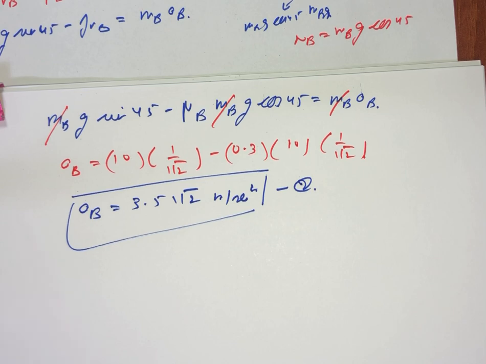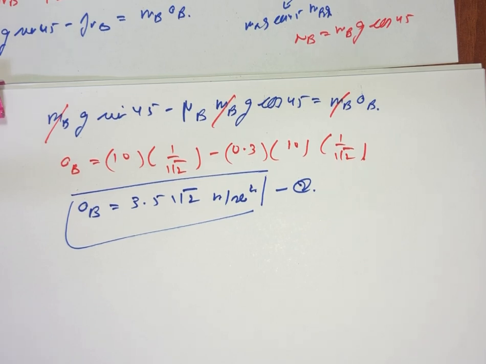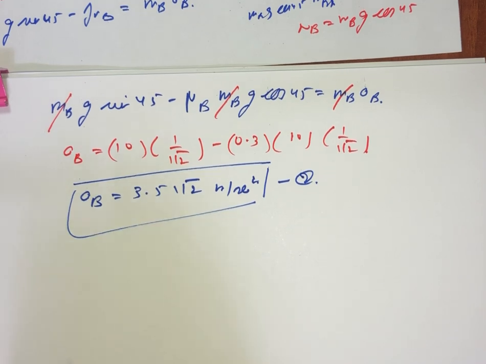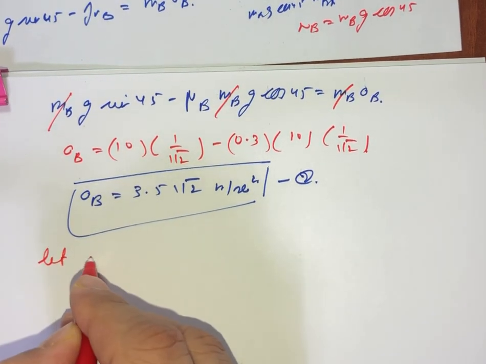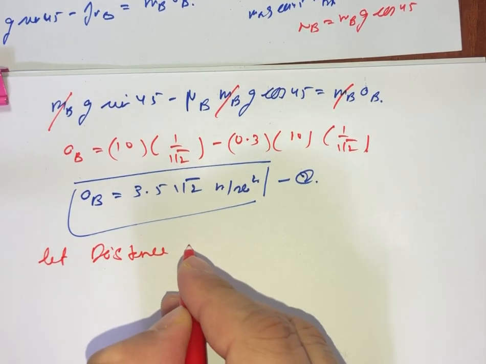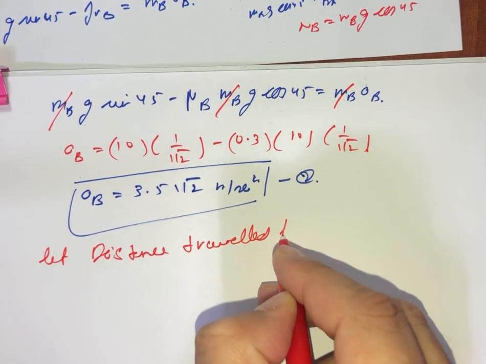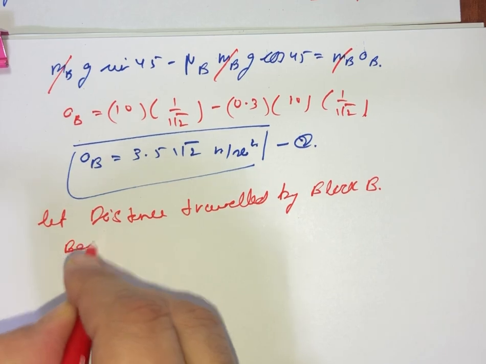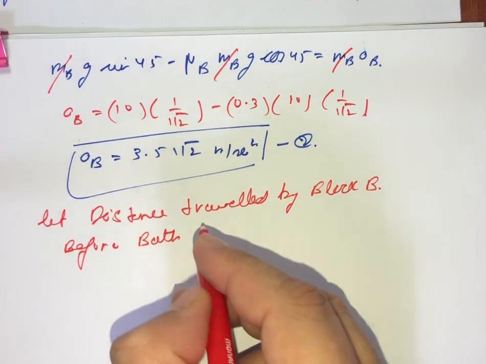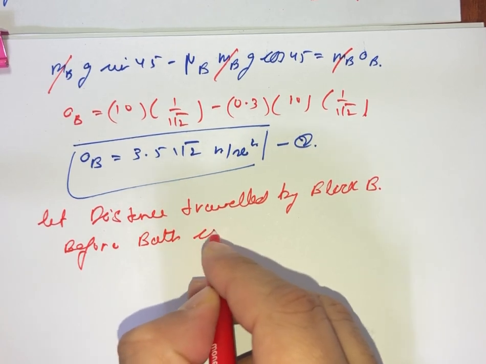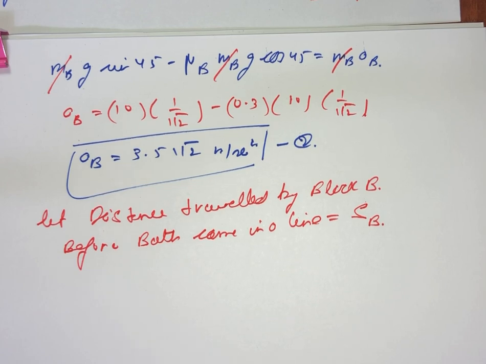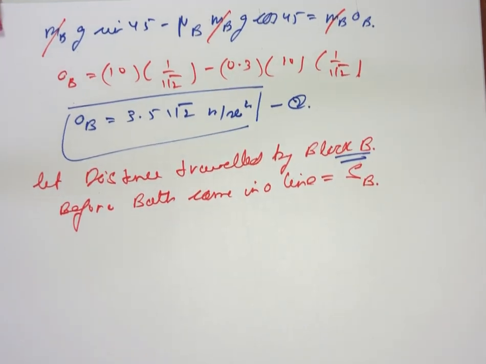Question number 2. It is given that block B is root 2 meter ahead of block A. Let the distance traveled by block B before both come in a line be SB.